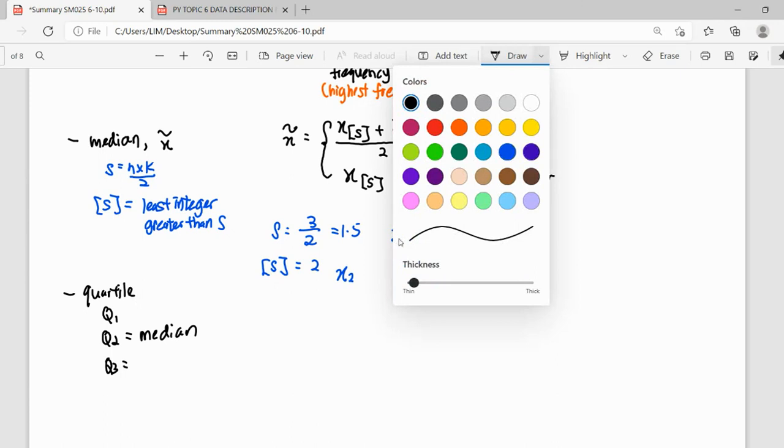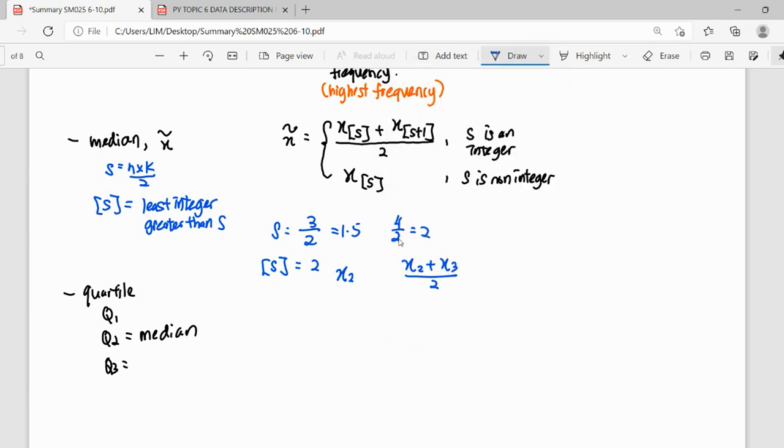Your location will be like usual. When you want to find quartile number one, automatically you are going to do your number of data divided by 4. When you want to find the data for third quarter, you're going to find 3n over 4.